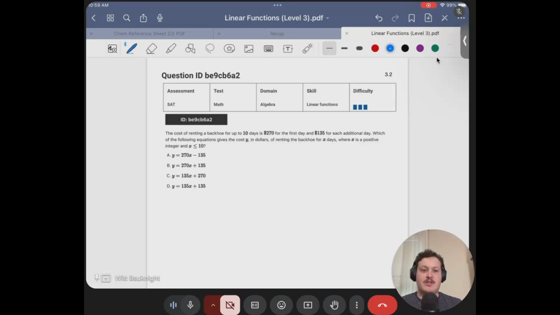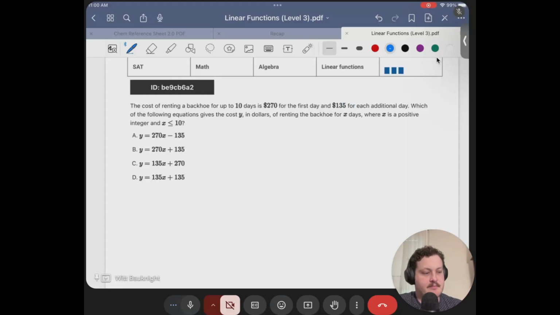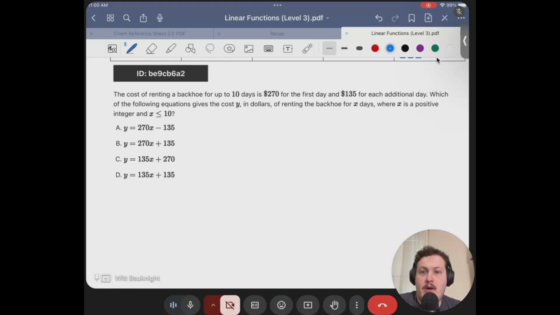On to question 2. Sorry, my camera was messing up, so trying this again. The cost of renting a backhoe for up to 10 days is that much for the first day, and $135 for each additional day. Which of the following equations gives the cost in dollars of renting the backhoe for x days, where x is a positive integer less than 10?